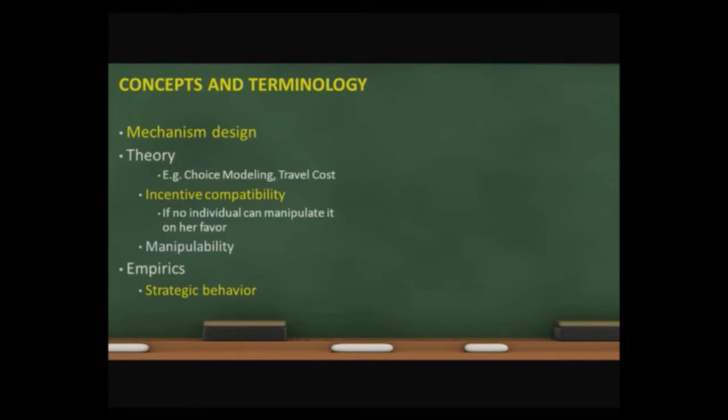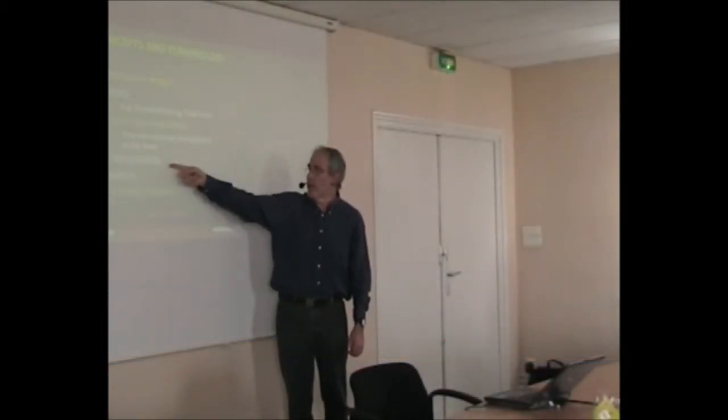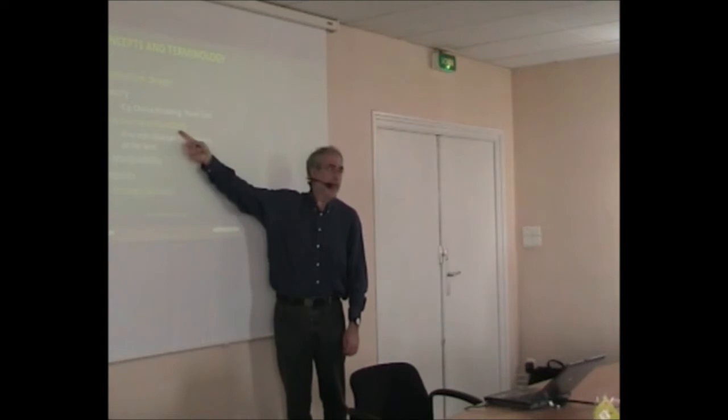When we are in mechanism design, we study whether the mechanism is incentive compatible or not, or another way of saying it, whether it can be manipulated. The definition of incentive compatibility is the standard one.